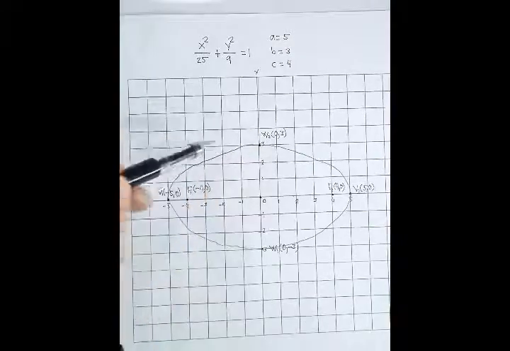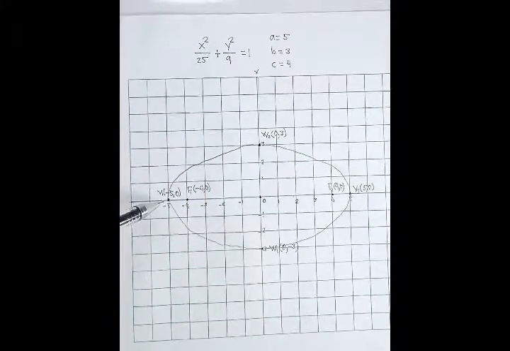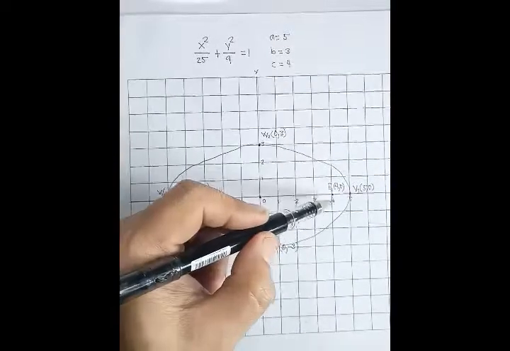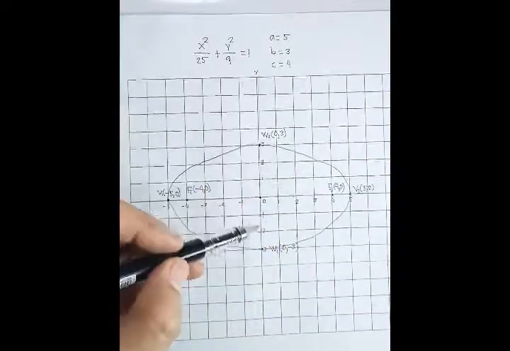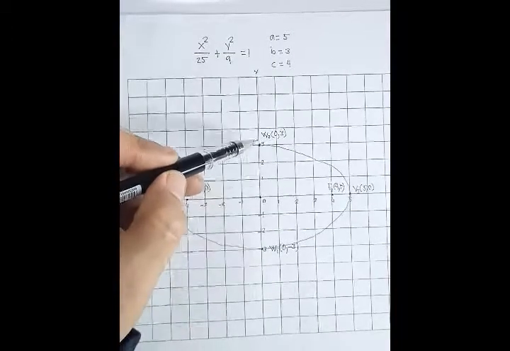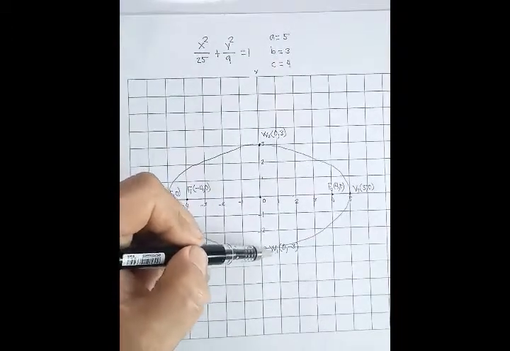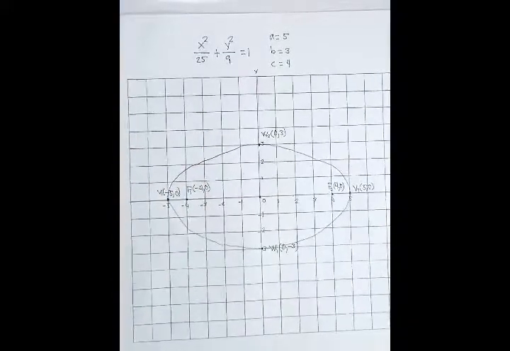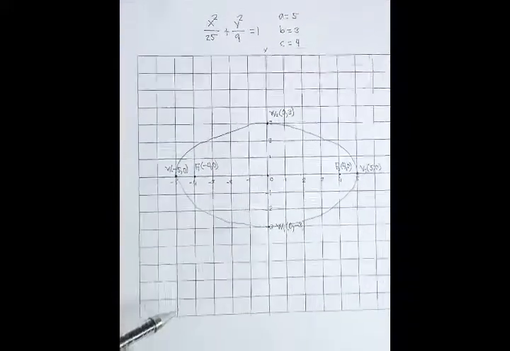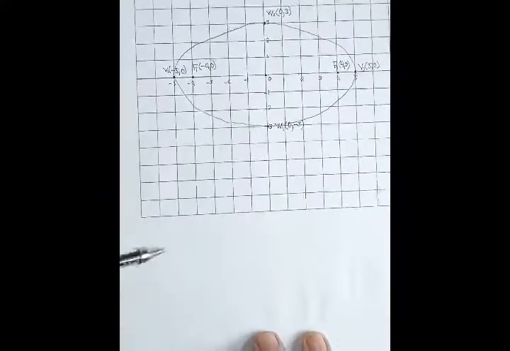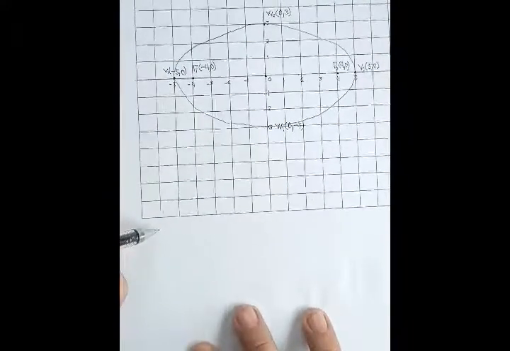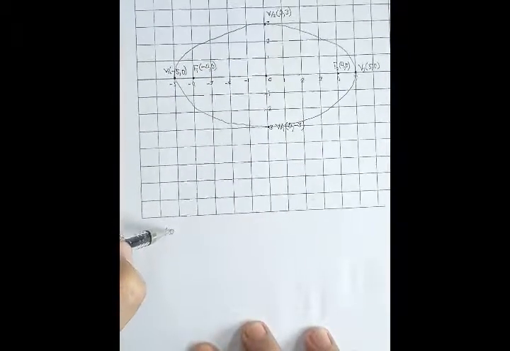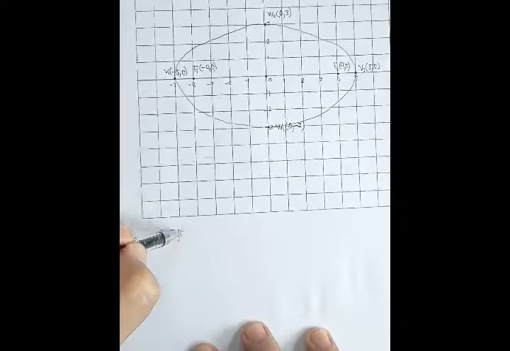So this is now our ellipse. We have the vertices V1 and V2, foci F1 and F2, and their locations, and then we have the co-vertices W1 and W2. Our ellipse has its center at the origin, 0, 0.